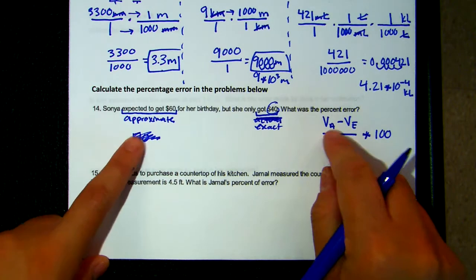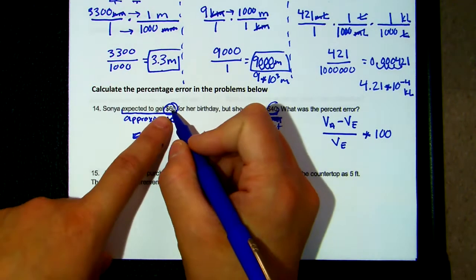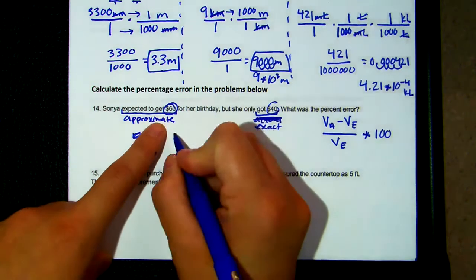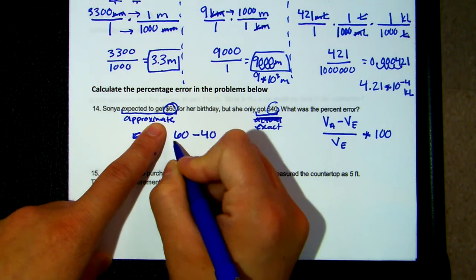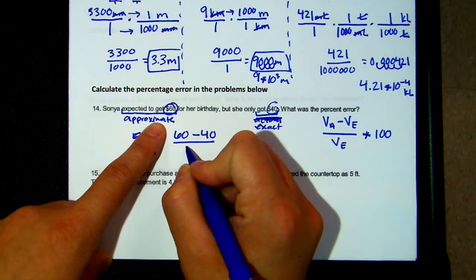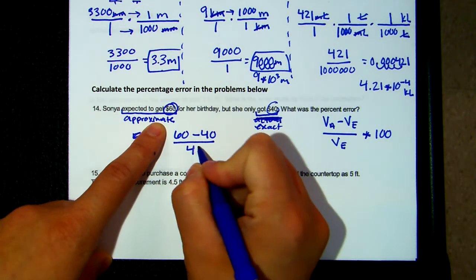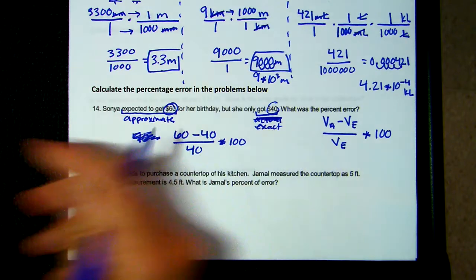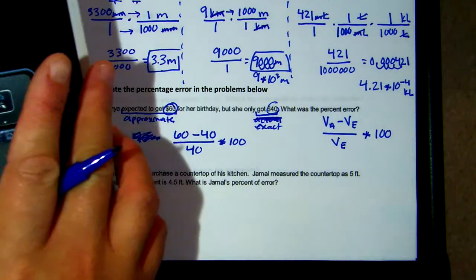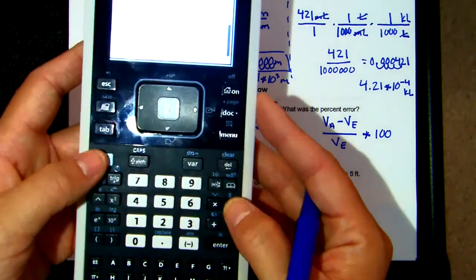We start with our approximate, which is 60. Sorry. So I do 60, my approximate, minus my exact of 40. All of that over my exact, which is 40, times 100. And this you can plug straight into your calculator as long as you use that fraction bar.